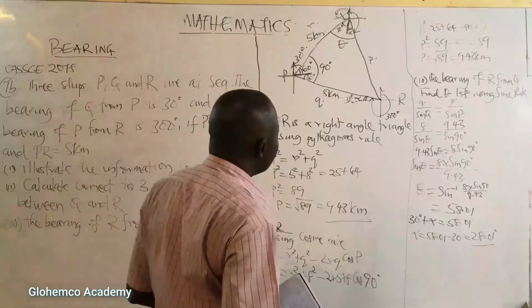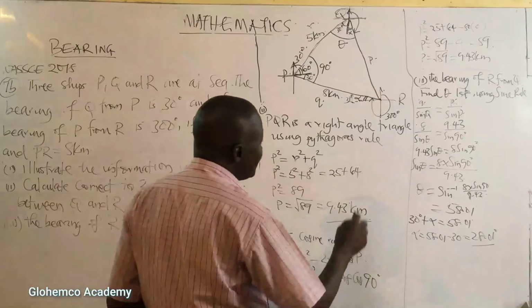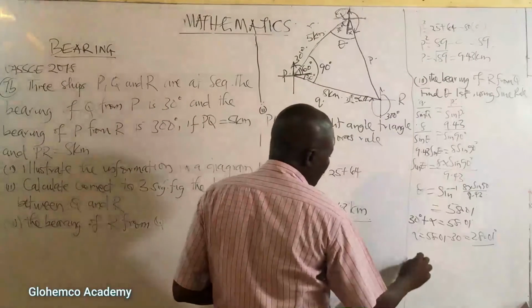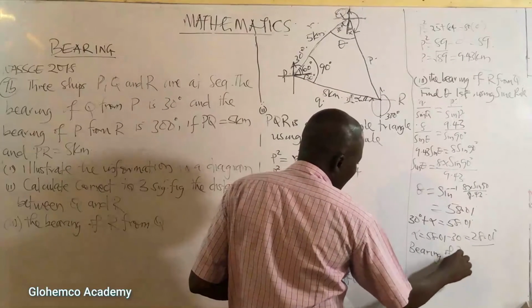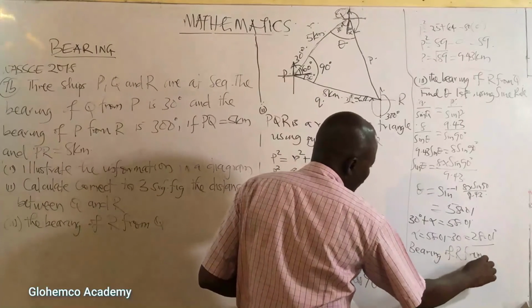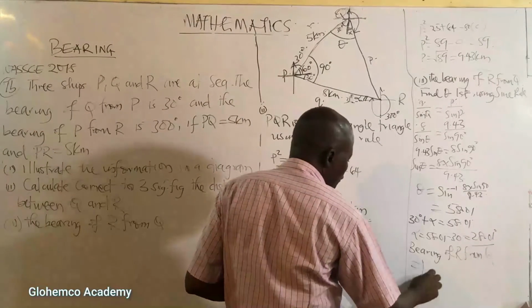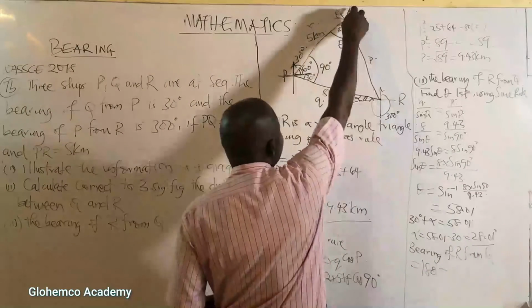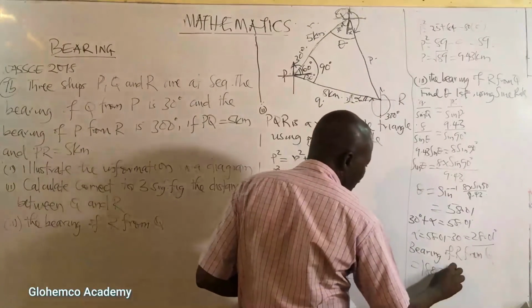So alpha is 28.01 degrees. Now the one we are looking for is the true bearing. The bearing of R from Q will be equal to 180, since this is a straight line, minus 28.01.